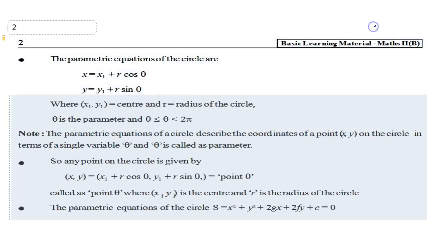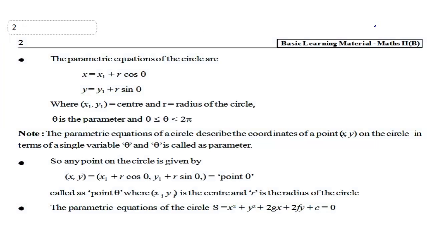Now here we are taking the parametric equations of the circle. Previously we had the equation of a circle in central form, which we take as (x minus a) whole square plus (y minus b) whole square is equal to r square.